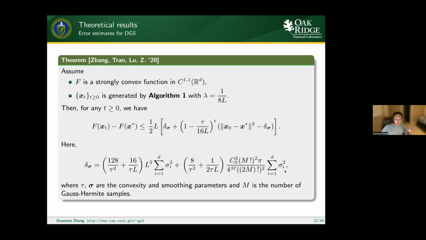You can see again, when sigma goes to 0, the error will go to 0. And when sigma goes to 0 and the iteration number goes to infinity, the error will go to 0. So that is a good sanity check for our method in optimizing strongly convex functions.